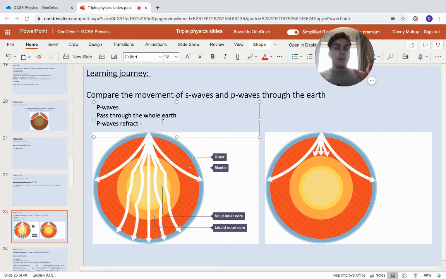Because it's a liquid, think a liquid's got to flow, so there must be little bits of space between those particles. We then go to our solid inner core. Well, if you think about a solid, for those not to fall, our particles must be very closely aligned. So that changes in density.